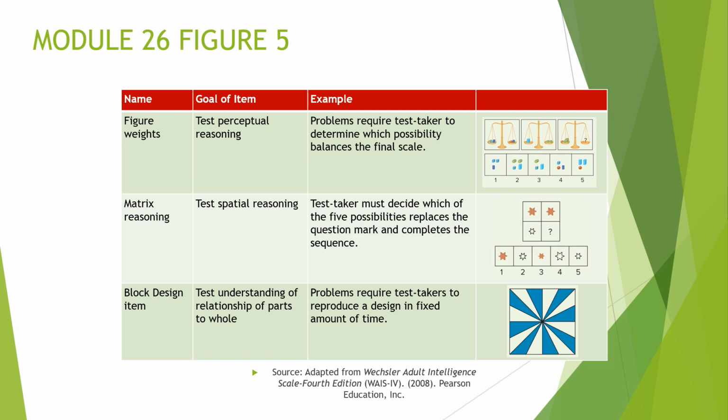Matrix reasoning: the test taker must decide which of the 5 possibilities replaces the question mark and completes the sequence. And the block design item requires you to reproduce a design in a fixed amount of time. So again, this would be the type of question that you would see on the WAIS.